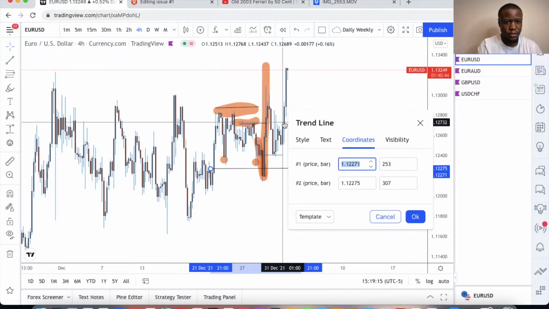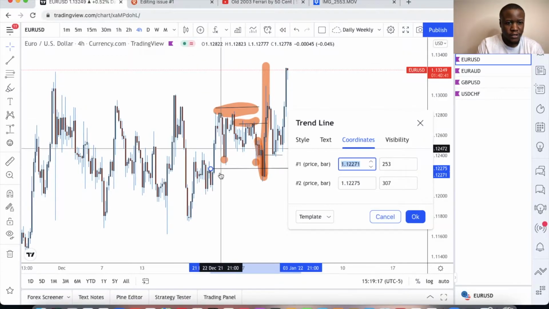Edit this level. So the opening of this candlestick is 1.2272. So you want to go up to 5.